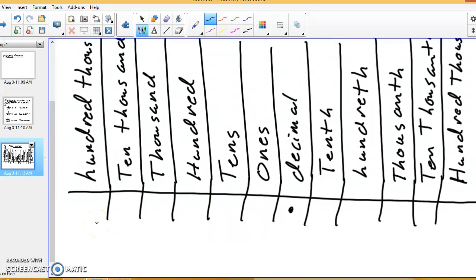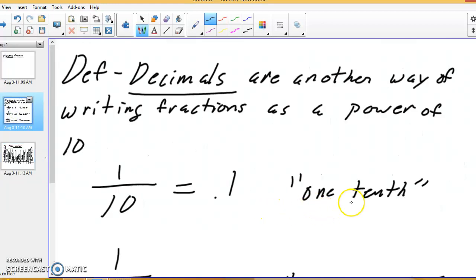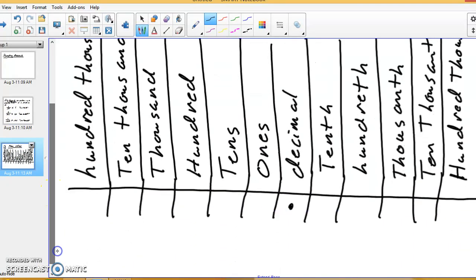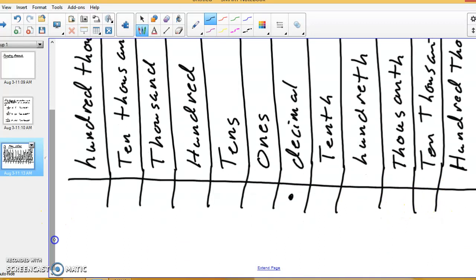But now we're going to introduce the right side of the decimal, and the digit directly to the right of the decimal is what's called the 10th place. And again, that's why we call it 1/10. If you go 2 spots, you have the 100th place. 3 spots is the 1,000th place, the 10,000th, and the 100,000th.